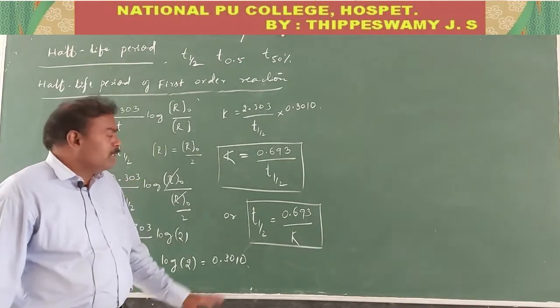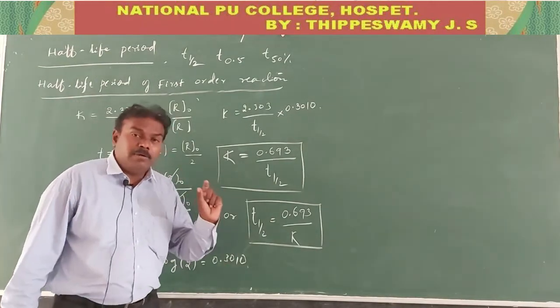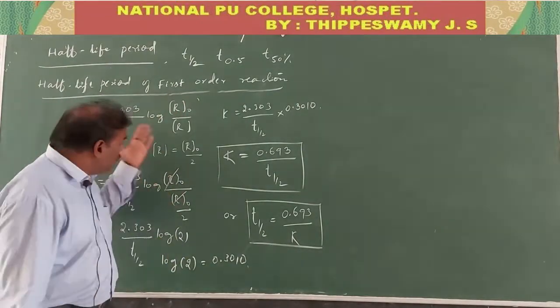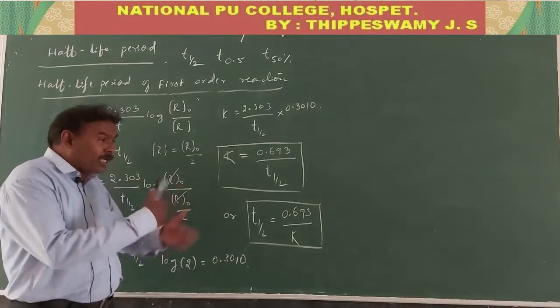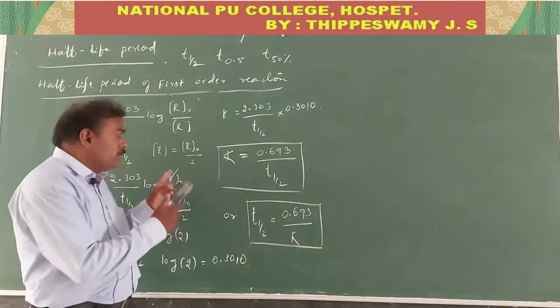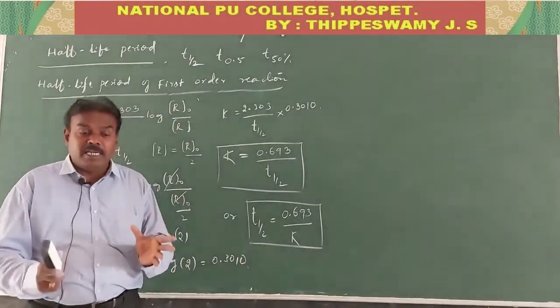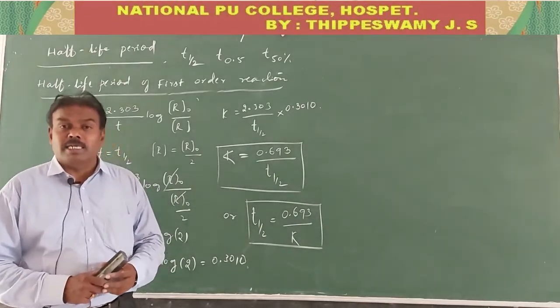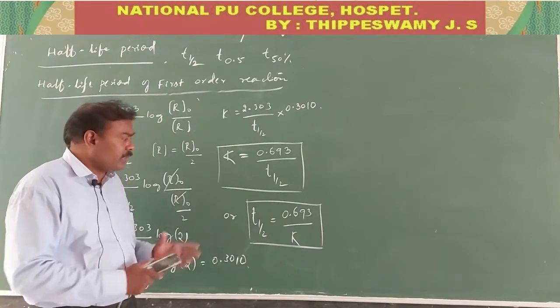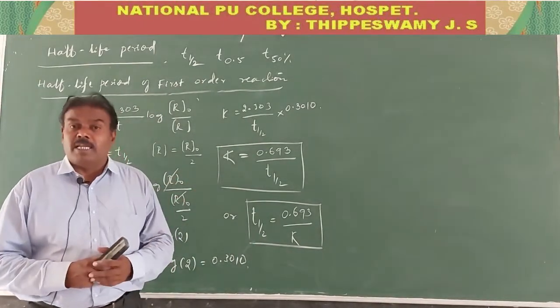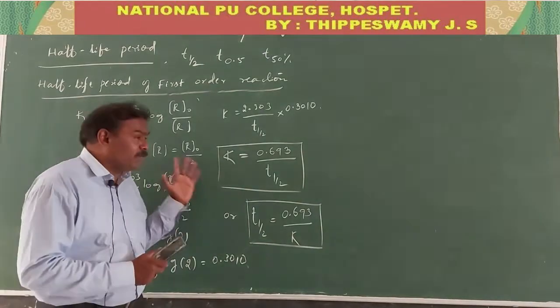So we have to derive the integrated rate equation for the first order reaction along with this one. Together they are asked, sometimes a 5 marks question will be there. We have to practice. Definitely it is a known and important question, a compulsory question in chemical kinetics. You have to derive, along with the half-life period of a first order reaction, the half-life period of a zero order reaction.